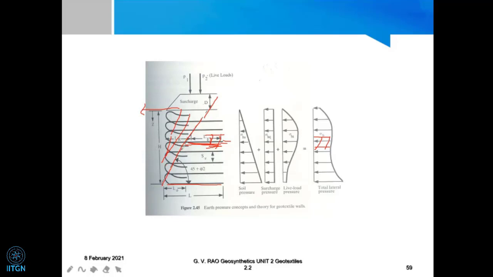We're also going to see that maybe this portion is going to slide off. That means from this line, whatever is the top portion may slide off also. So we are going to talk of different kinds of hypothetical or assumed failure surfaces, failure zones now, and check for each one of them. So we'll keep doing that as we keep going.